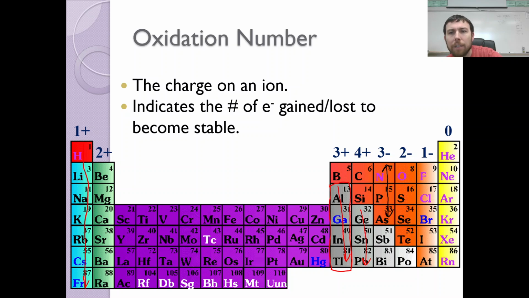Okay. When we look at the next column over, oxygen, sulfur, selenium, and tellurium, they're going to gain 2 electrons, right? And then in the final column here, they're all going to gain 1 electron. And then our noble gases, they're not going to form any charge because they're already stable.